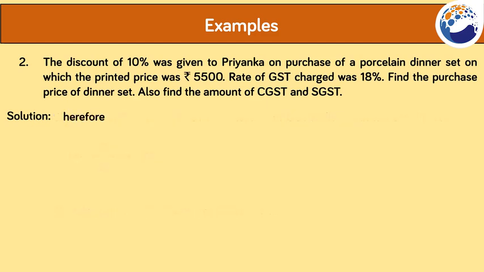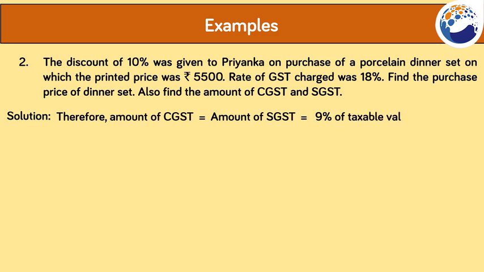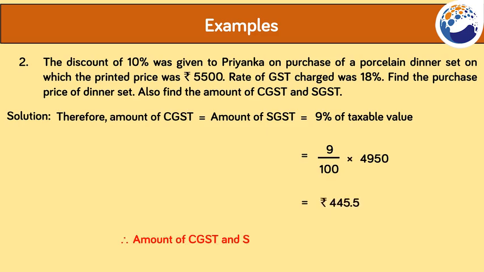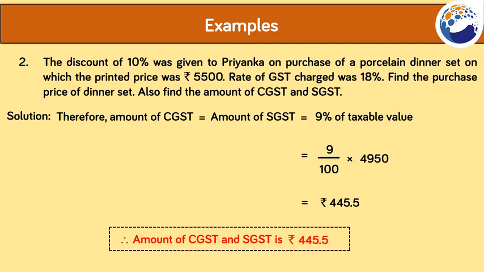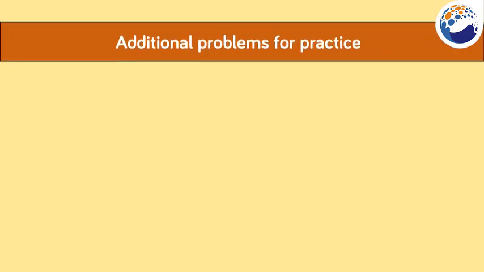Therefore, amount of CGST is equal to amount of SGST, that is equal to 9% of taxable value, which is 9 upon 100 into 4,950, is equal to Rs 445.5. Therefore, amount of CGST and amount of SGST is equal to Rs 445.5. Try some more problems for practice.